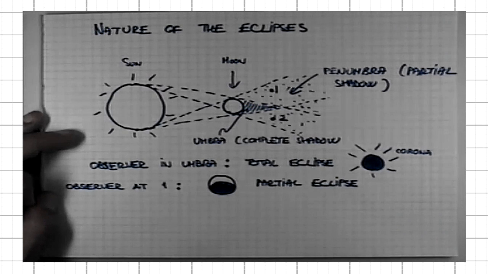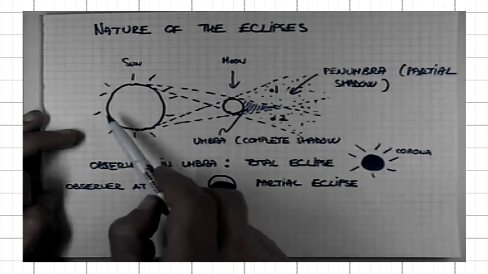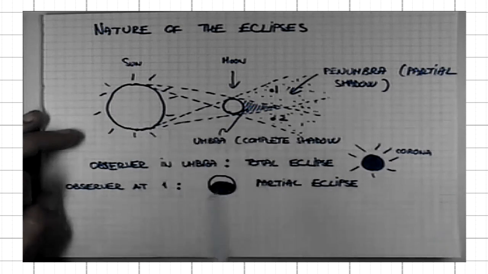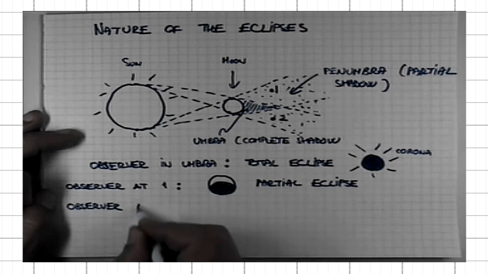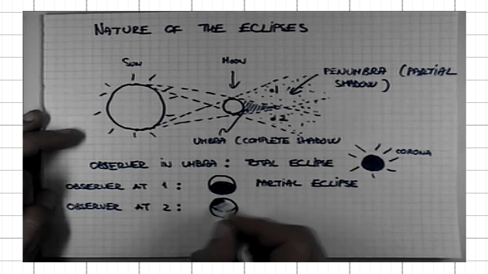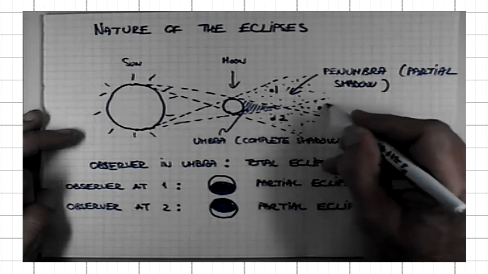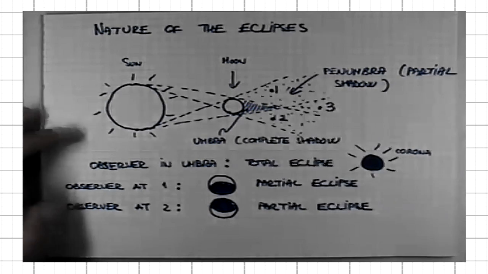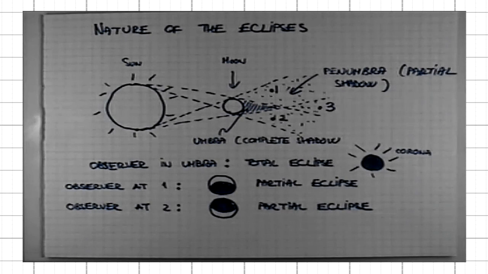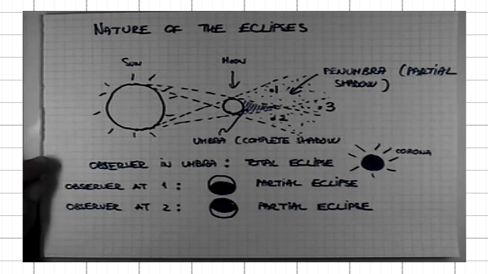Observer at 2 would also see a part of the sun, but now the lower part of the sun, which is also partial eclipse. And an observer at 3 would see the outer edge of the sun, the complete outer edge of the sun, a ring, right? And for that reason, such eclipse is called annular eclipse.